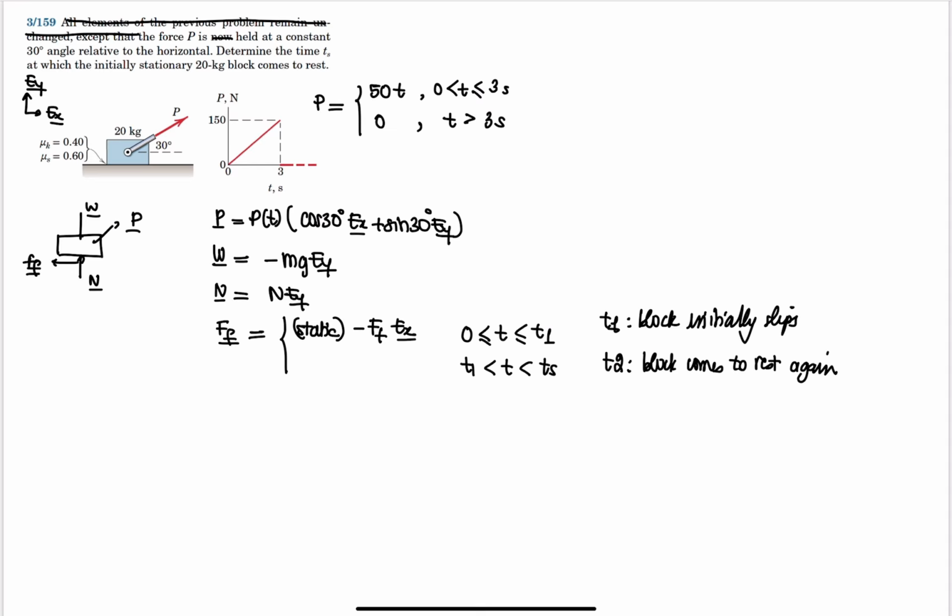So in that transition, when the block is accelerating, then decelerating, it is moving, so friction is going to be kinetic. And its expression is totally known, minus mu k N Ex, right? Because the block is going to slip along Ex, so the friction force is going to be opposite to that. The surface is stationary here.